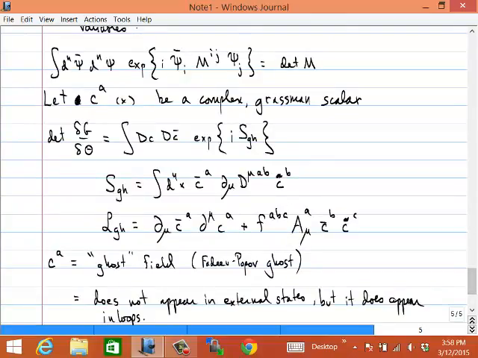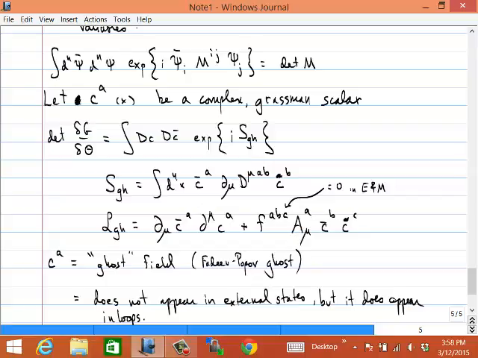But now, the structure constants would be 0. And so our ghost field wouldn't interact with anything. And so the effect of introducing this ghost in order to do the gauge fixing in electromagnetism would just be to multiply our path integral by an overall number.